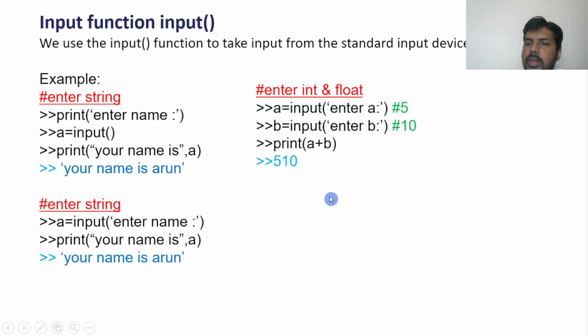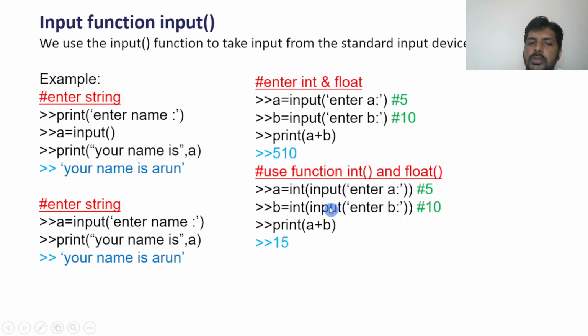So then how can I calculate? I want to calculate a value, right? So how can we do it? We can use functions like int and float. These functions will convert your input into an integer or float. So now I'll just pack this input function again into brackets. Now I have taken int.